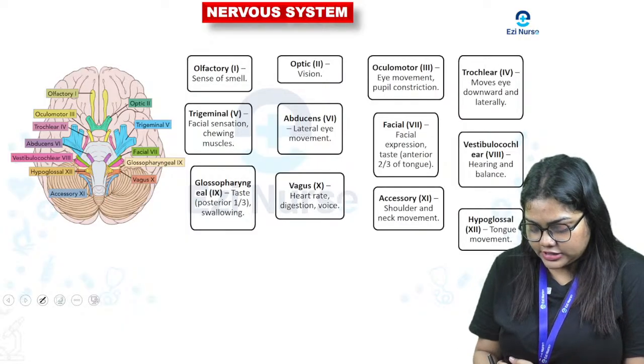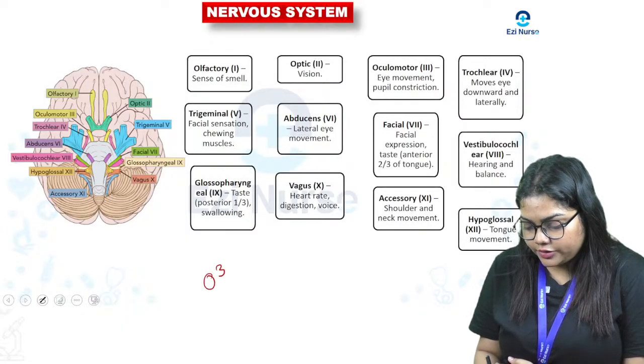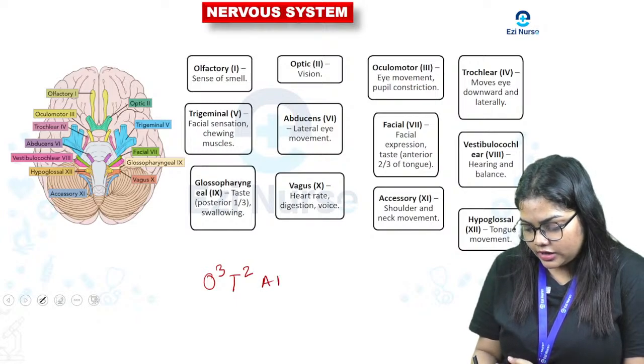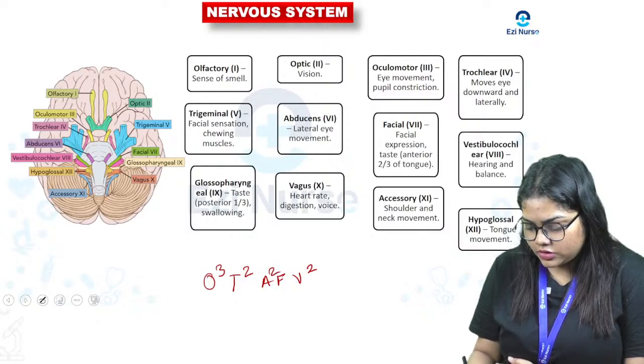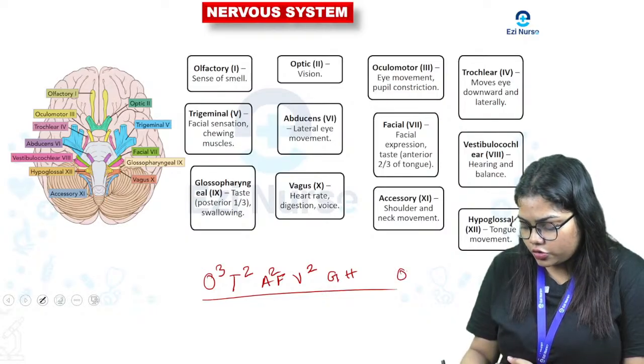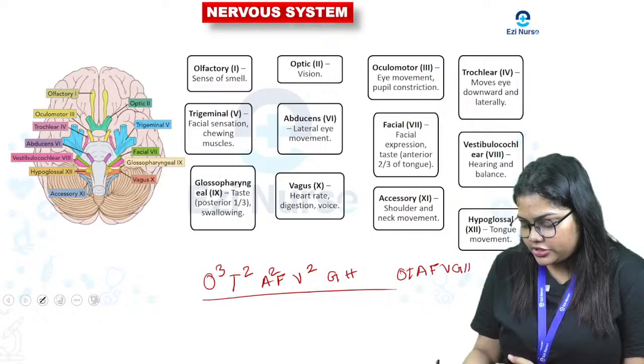If you arrange it, it will come as O3, T2, A, F, V2, G and H. So it is O, T, A, F, V, G, H.